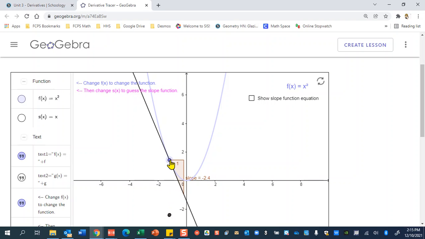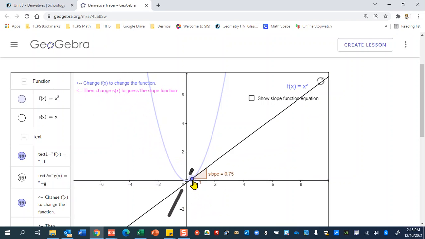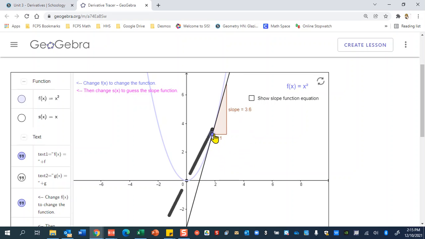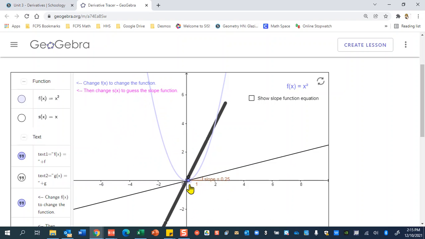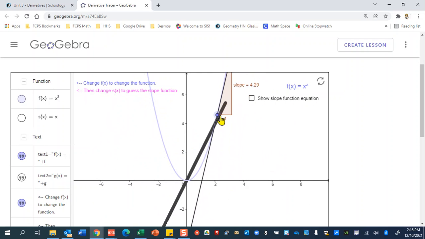And as I slide my tangent line, that black line that you see being created is the graph of the equation of the derivative. So it's a quadratic original function. So of course the derivative is 1 power level less, which explains why my derivative is linear.